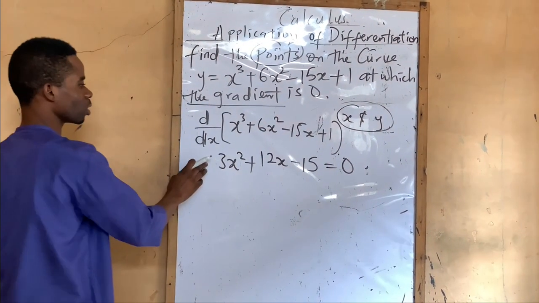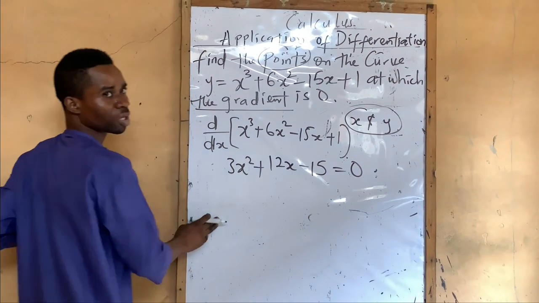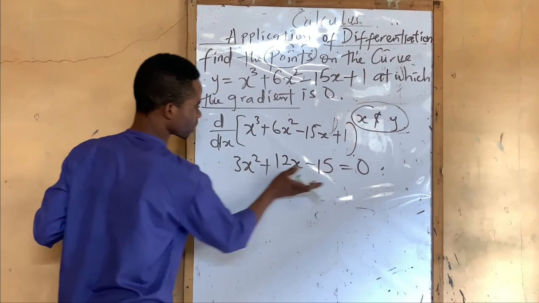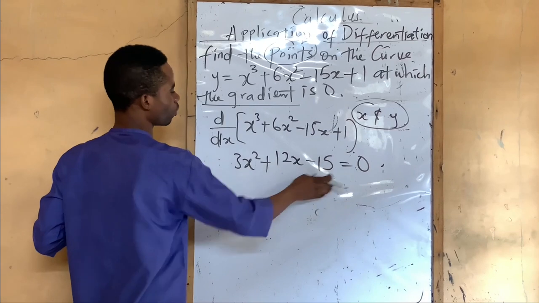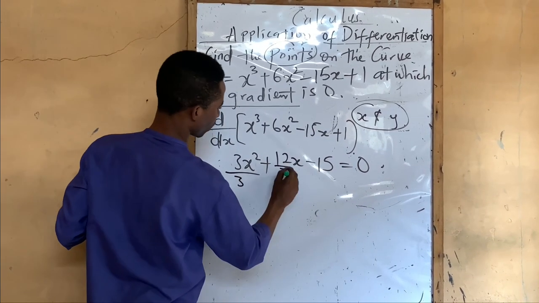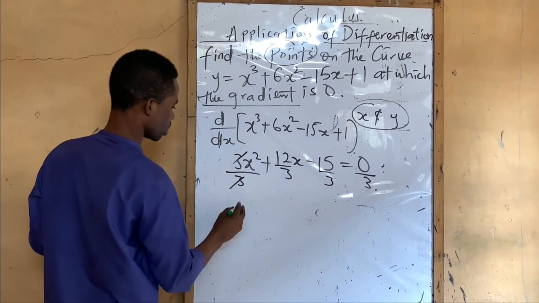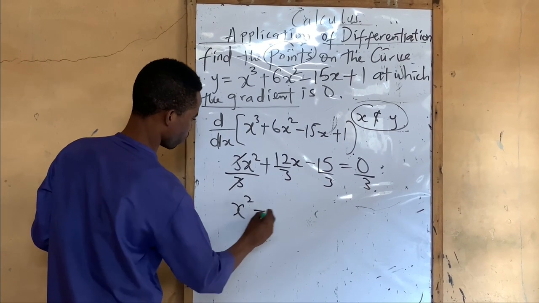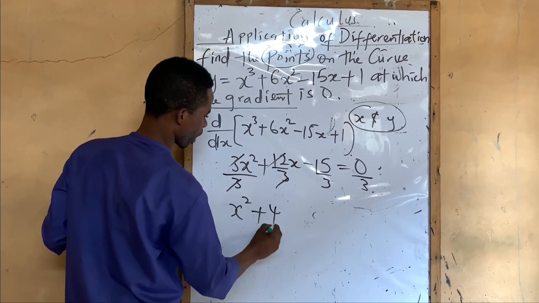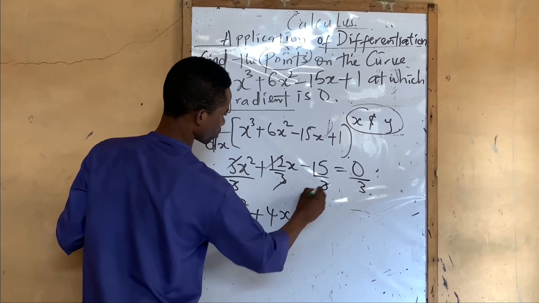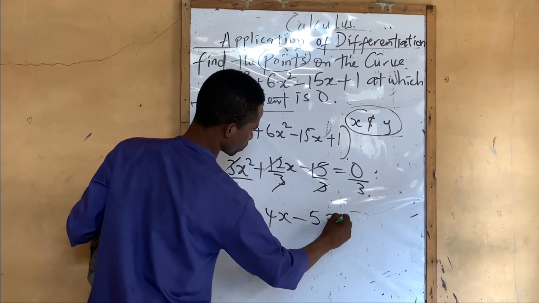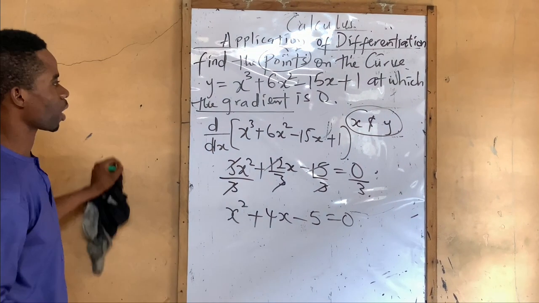So definitely we are going to factorize what is there. If I were you, I can reduce this because something can go into all of them: divide by 3, by 3, by 3, by 3. 3 cancels 3. That means x squared plus 4x minus 5 equals 0. So you can now factorize it.